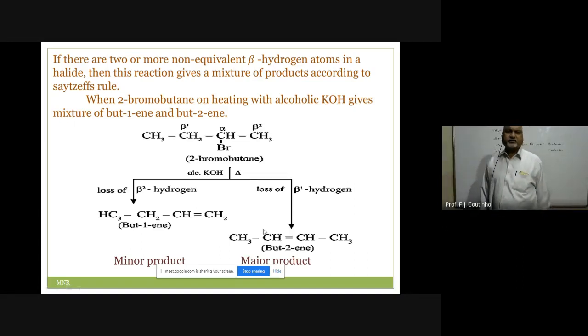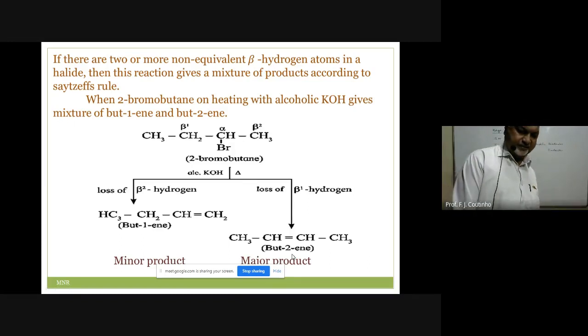Now here, the Saytzeff rule states that when there is a loss of hydrogen from the adjacent carbon atom, the loss is from the one having fewer hydrogens. Beta 1 has fewer hydrogens compared to beta 2. That's why, according to Saytzeff's rule, but-2-ene is the major product, whereas but-1-ene is the minor product.